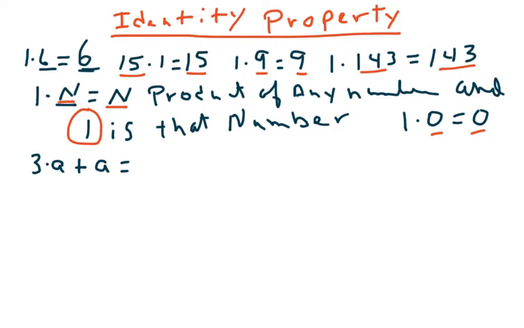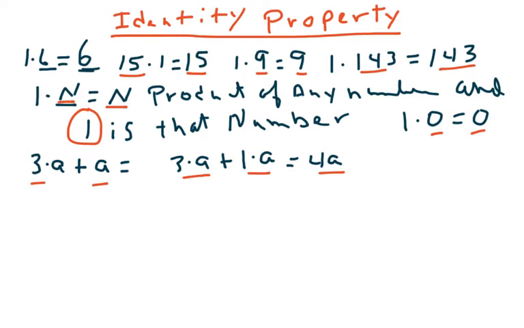But with the identity, if we're not sure, we could say 3 times A plus A can also be written, because the identity says they're the same, 1 times A. So 3 times A plus 1 times A. Well, then that should be 3 apples, 1 apple, 4 apples. Not 4, but 4 apples, 4A. 4 times whatever that variable represents. So you see, 3A and A is 3A and 1A, which is 4A.